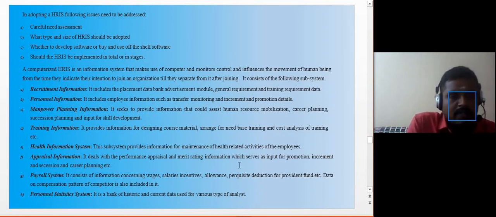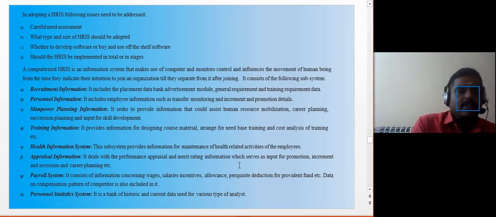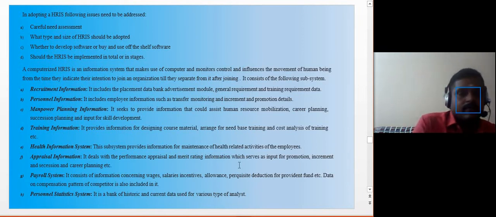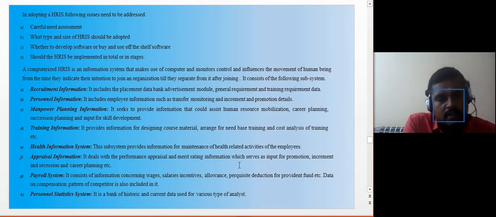It covers recruitment information, personnel information, manpower planning information, training information, health information, appraisal information, payroll system, personnel statistics system, and so on.